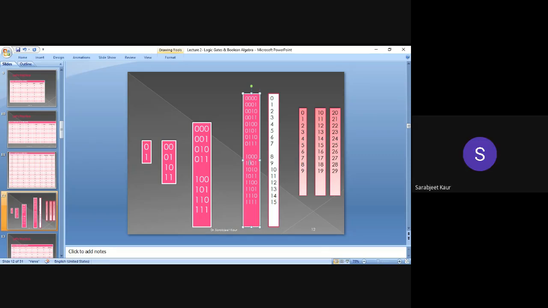Okay. 16 of which are listed here before you. So you will append all these with zeros, and the next 16 numbers you will get by appending all these numbers with a 1 in the most significant bit.